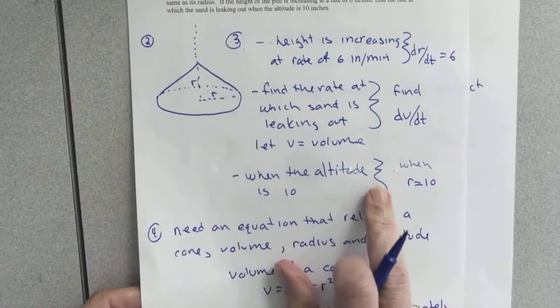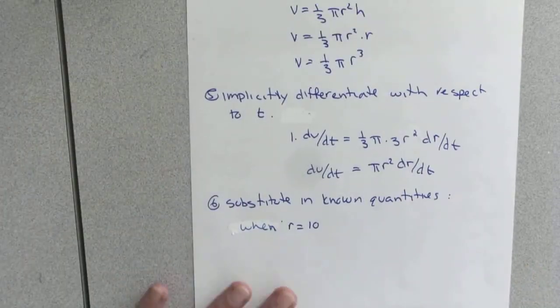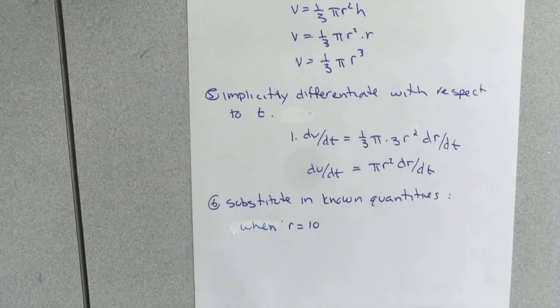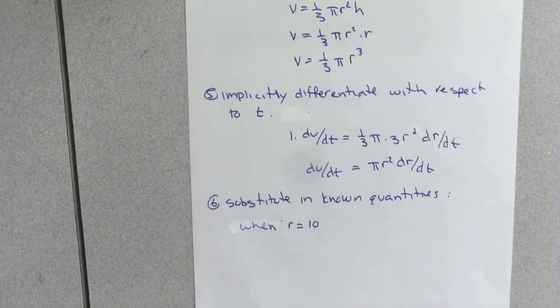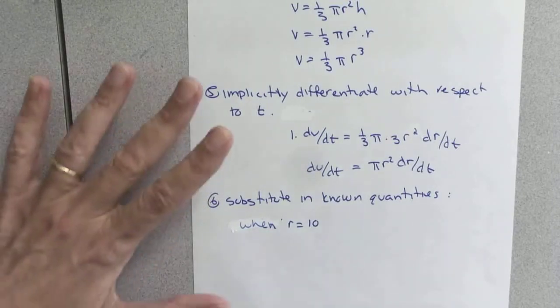Back to when we set the whole thing up, it said when the altitude is 10, when r equals 10. Now is the time for those specific values. What we're getting here is like a little snapshot in time. What was happening at this moment in time, at the moment when r is 10. So it's near the very end of the problem when you put in those specific values.